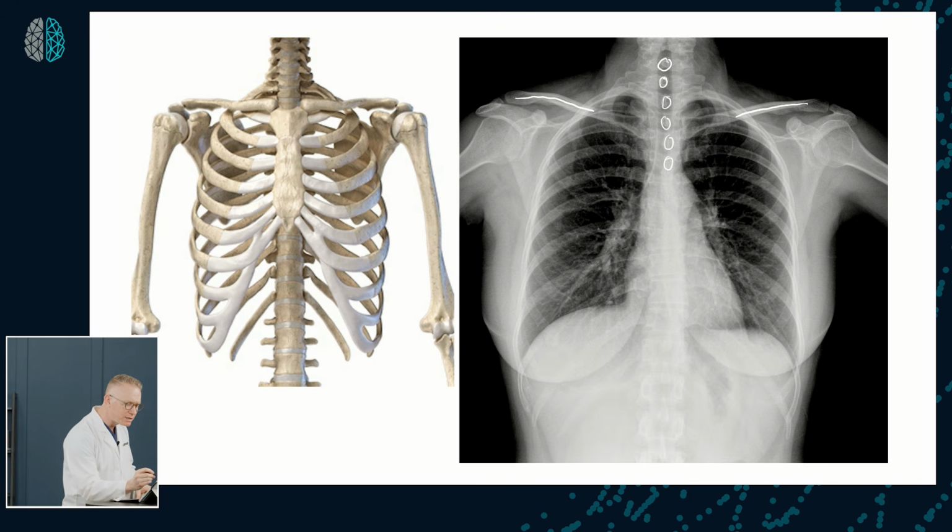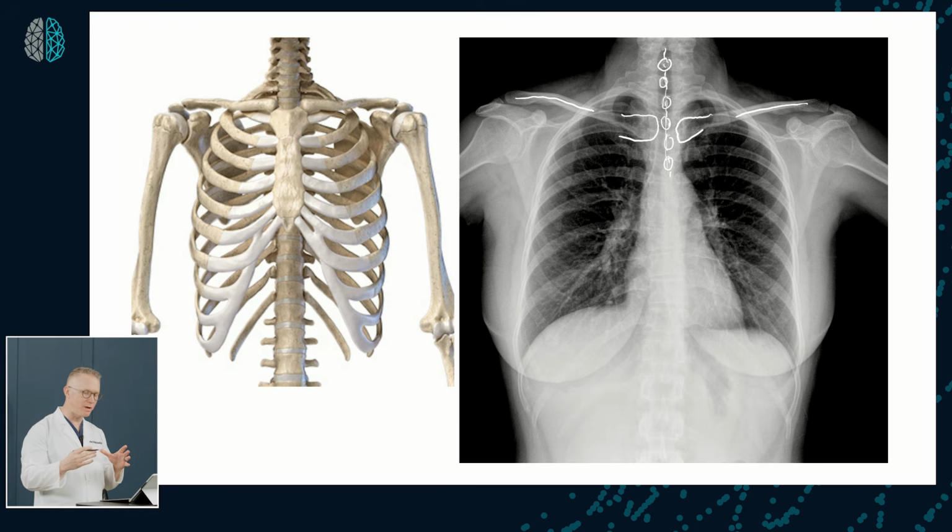What you want to see is that the clavicular heads, if you follow them around, are roughly symmetrical and equidistant in that area, okay? So the spinous processes should not only be midline as seen in this image, but should also be equidistant from the clavicular heads.